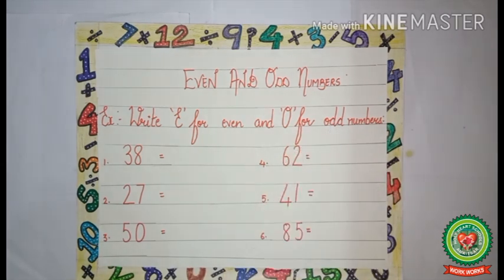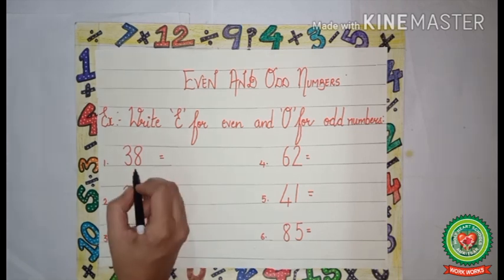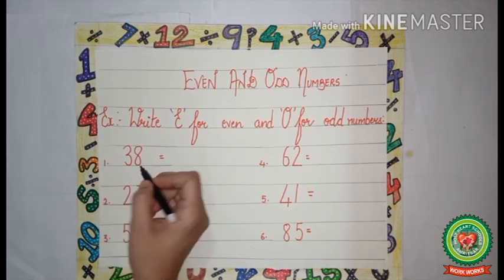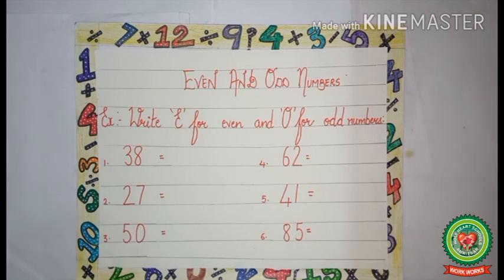Now first we will see that whether the number is even or odd. If the number is even, so we will write E, and if the number is odd, so we will write O. Now the first number is 38. To find out that whether the number is even or odd, our first step is to write down the place value chart.